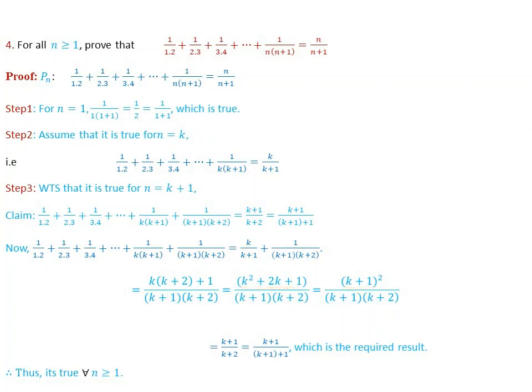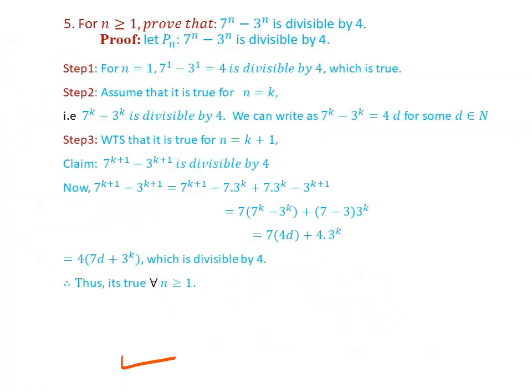Then one k plus 1 cancels with the other k plus 1, and what remains is k plus 1 over k plus 2, which is equal to k plus 1 over k plus 1 plus 1. Now this is the required result. Then this is true for every n greater than or equal to 1.